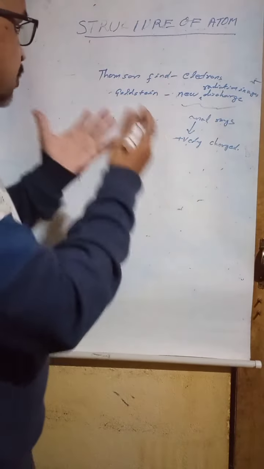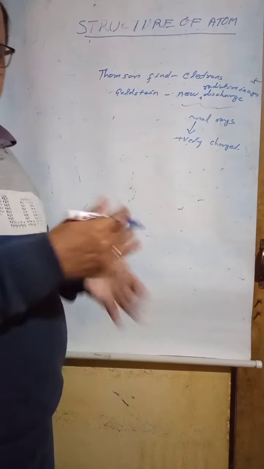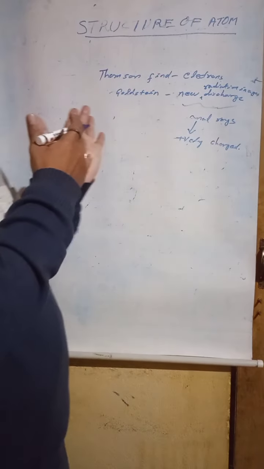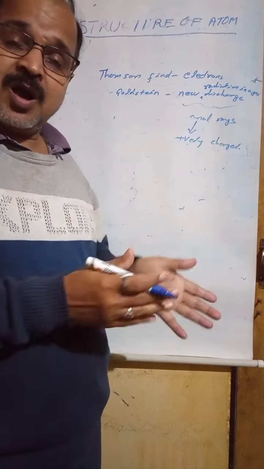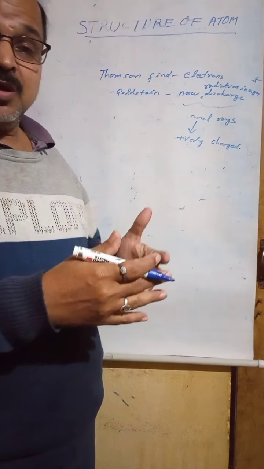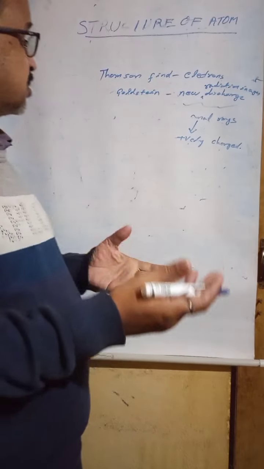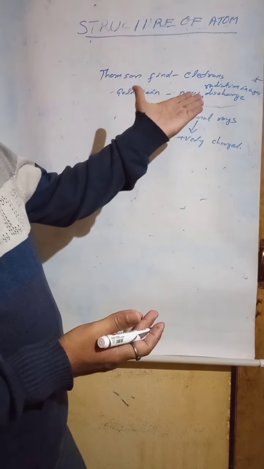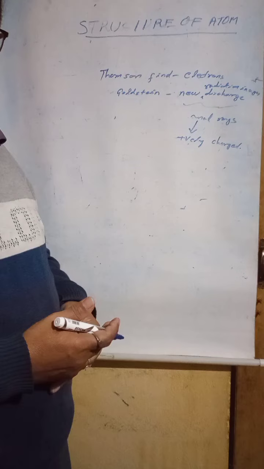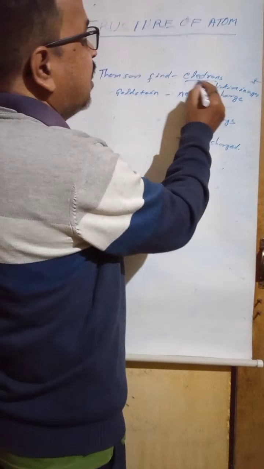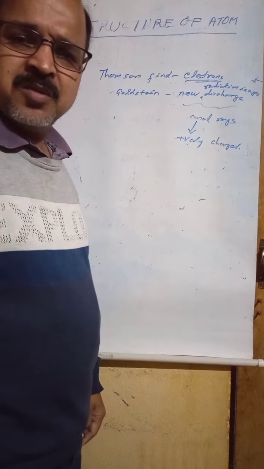So now you see that based on Dalton's theory, the atom is the smallest particle. But different chemists have done research, and Thomson came and found electrons as a particle of the atom.